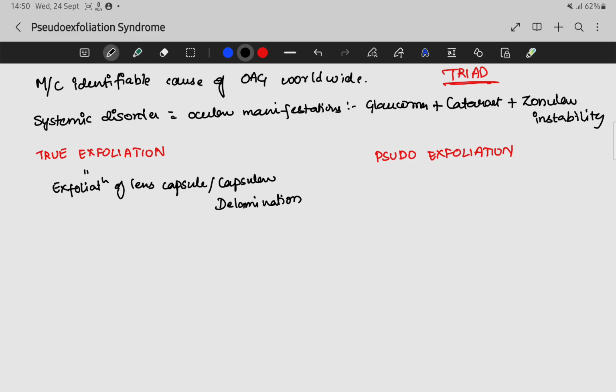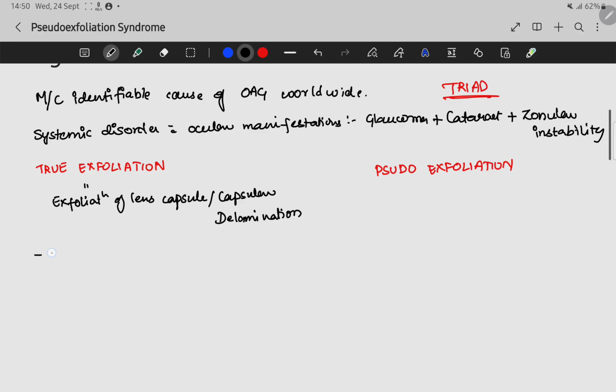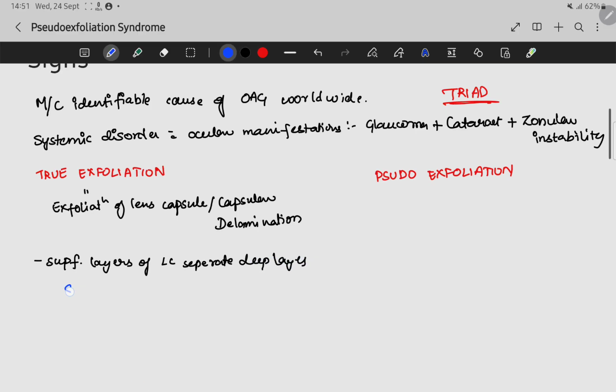In this, what's happening is that superficial layers of the lens capsule separate from the deep layers and form scroll like margins.